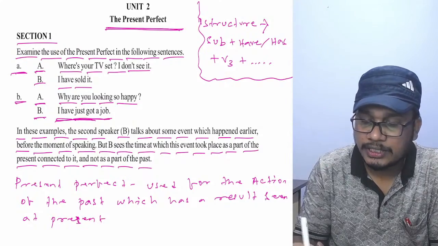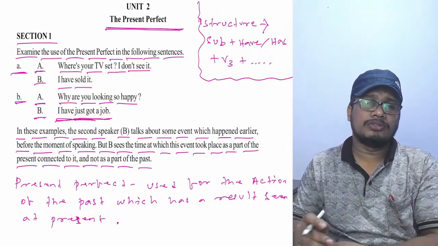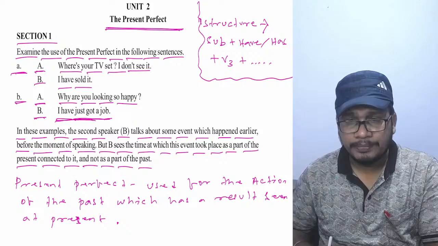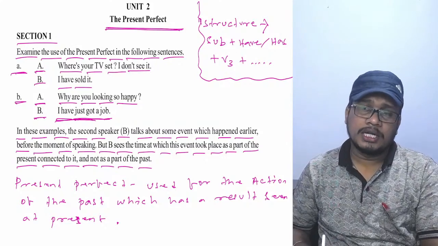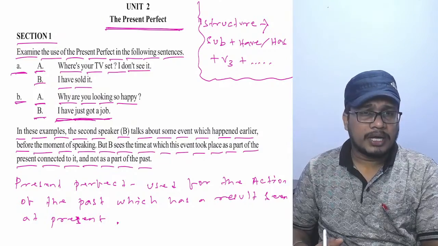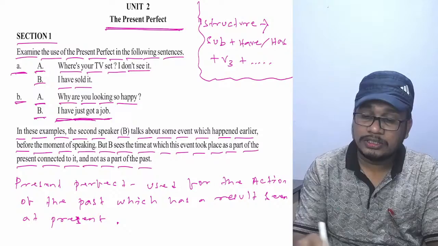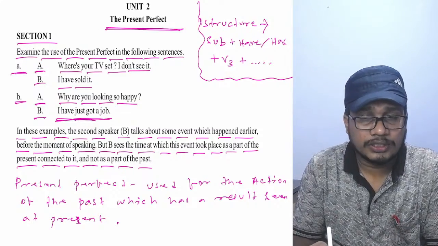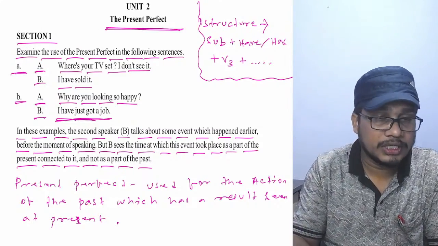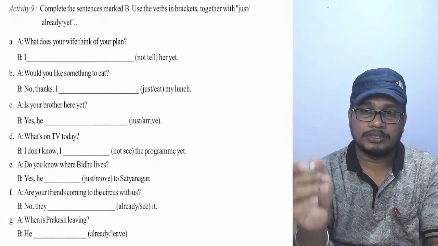So present perfect is usually used for an action that has already been completed in the past, and it has a result that is seen at present. If we see the result in the present, then for that action we will use present perfect.